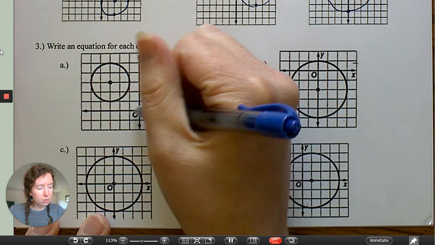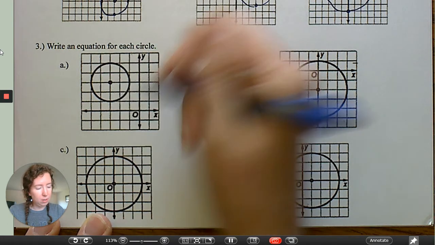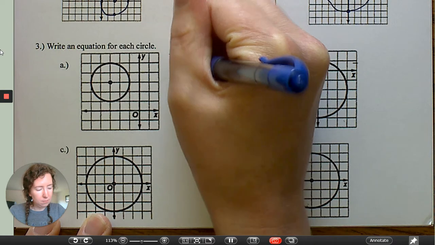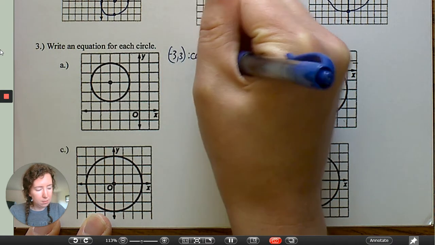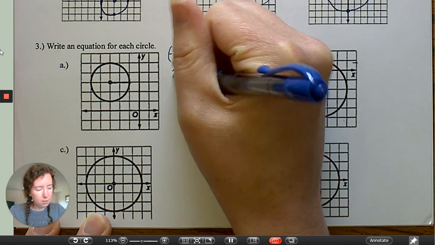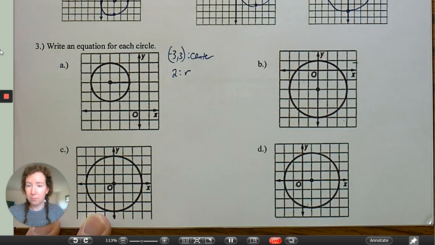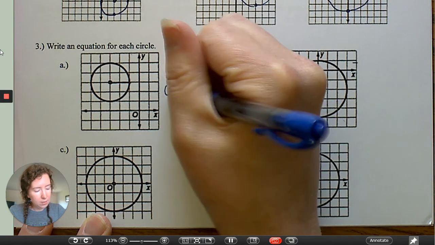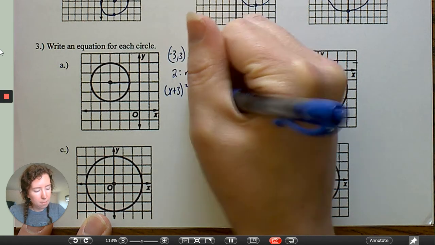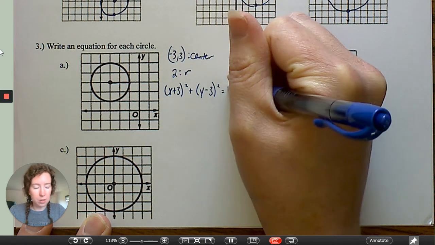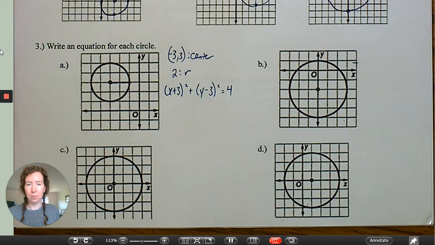So this circle has a center at -3, +3. So that's my center. And it has a radius of 2. All right, so let's plug that into my equation. X plus 3 squared plus y minus 3 squared equals 2 squared, which is 4.